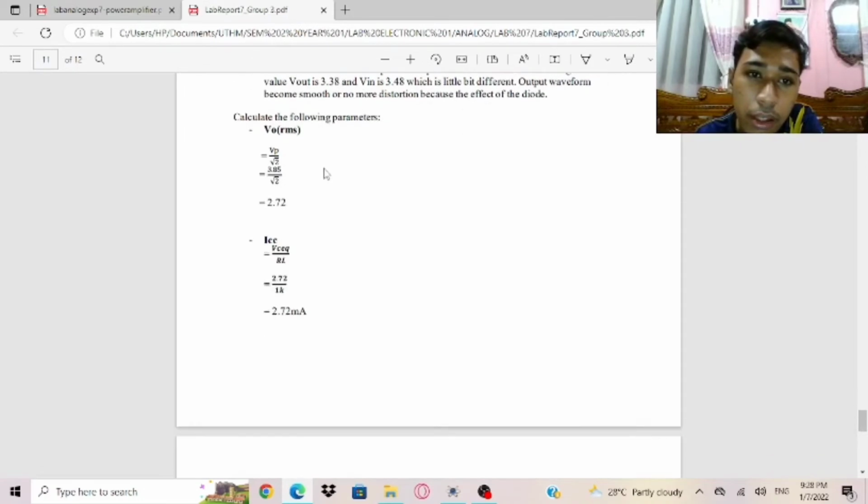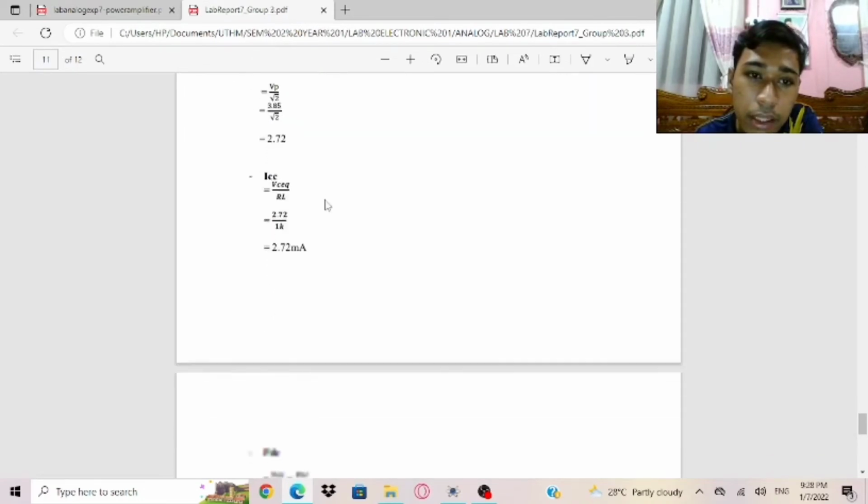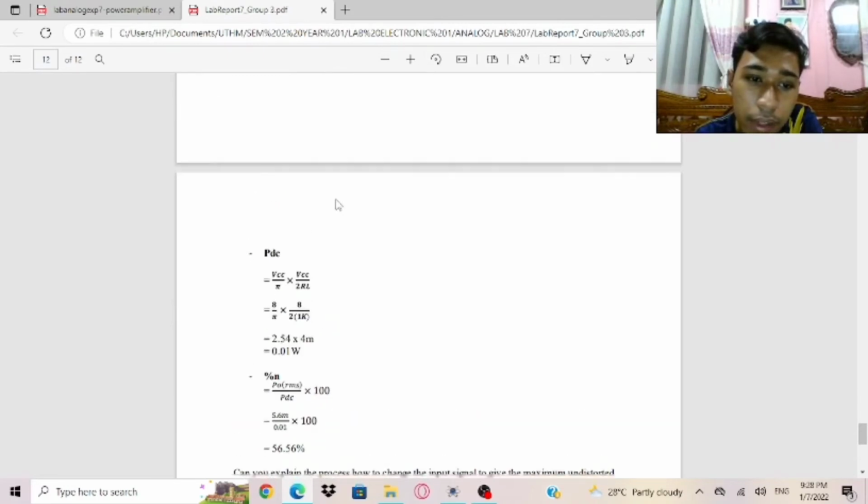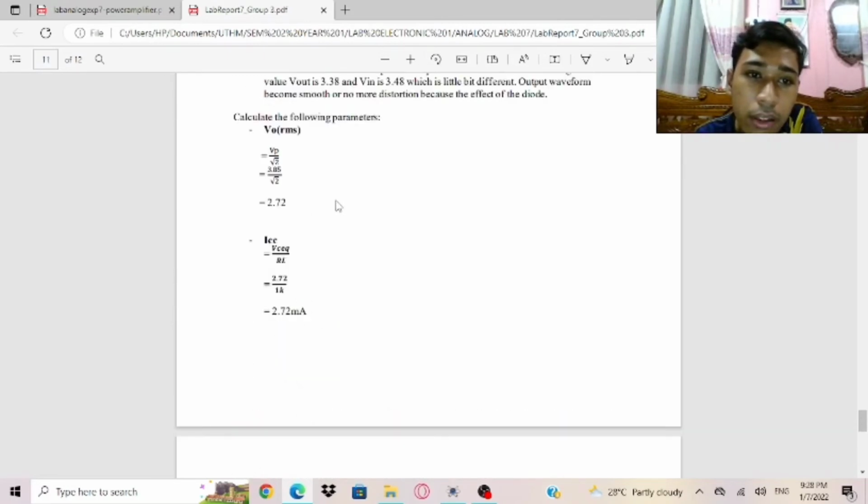Next, we need to calculate the VORMS, ICC, PDC, and percent of N. So for VORMS, we use the formula VP divided by the square root of 2. We got 2.72.